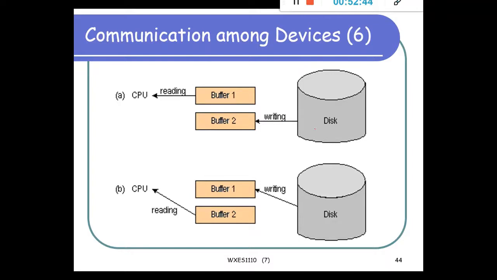The CPU is very fast, the input-output device is very slow. So while one record is being processed by the CPU, another can be read or written by the channel. Okay, so this is a double buffer.